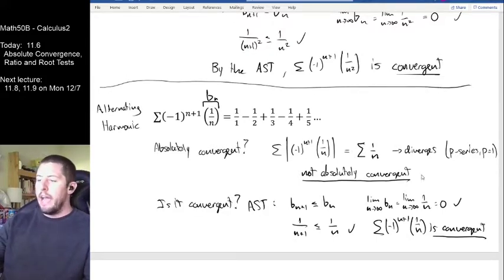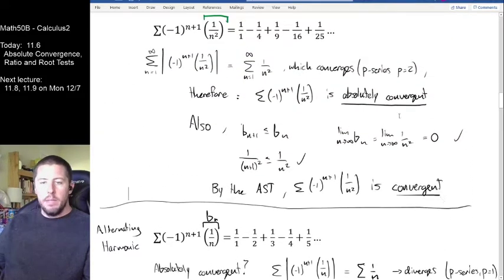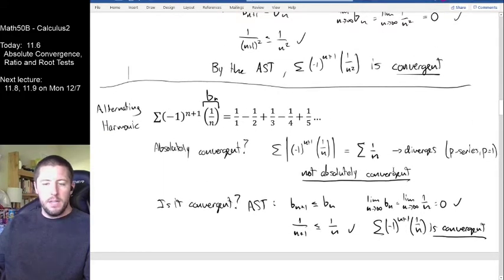The harmonic series diverges, so this thing wasn't absolutely convergent. But we did find that if we use the alternating series test, since we do have decreasing magnitudes of terms, and since the limit of the sequence associated with the magnitudes does go to 0, this will be a convergent series. So what we're seeing here is that sometimes you are both convergent and absolutely convergent, but not always.